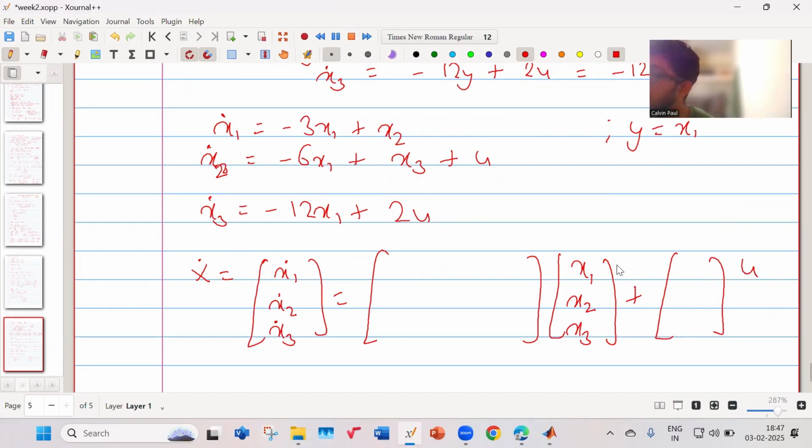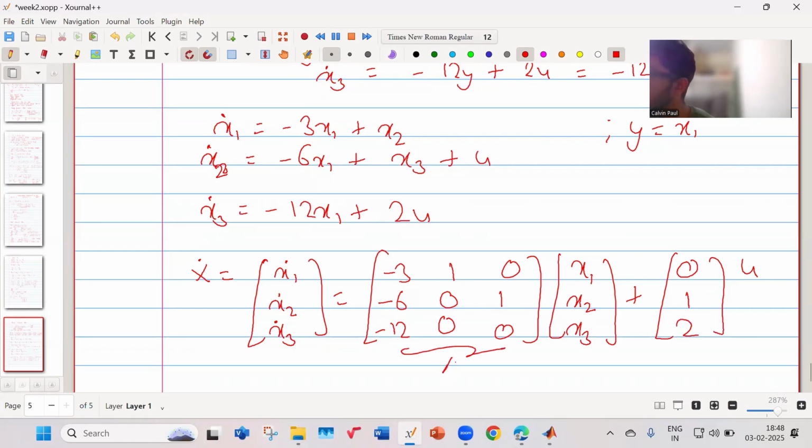So x1 dot is minus 3x1 plus 1x2 plus 0x3 plus 0u. x2 dot is minus 6x1 plus 0x2 plus 1x3 plus 1u. x3 dot is minus 12x1, 0x2, 0x3 plus 2u.